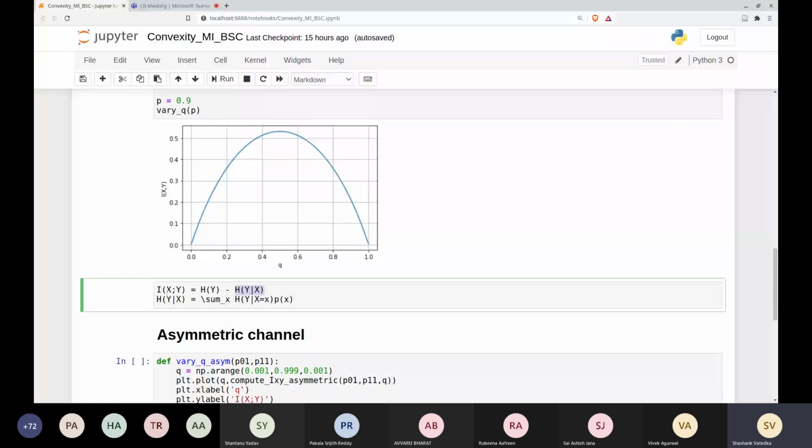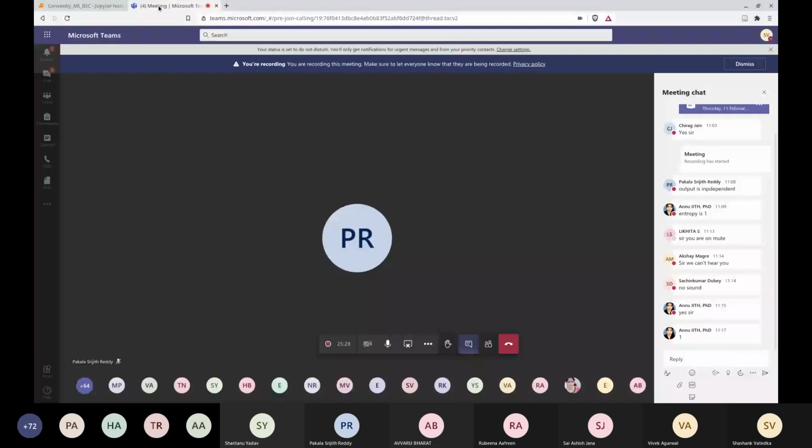And therefore, the mutual information is maximized when the entropy of y is maximized. And what is the maximum possible value of h of y? Yeah, so it's equal to 1, right?